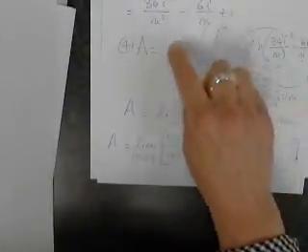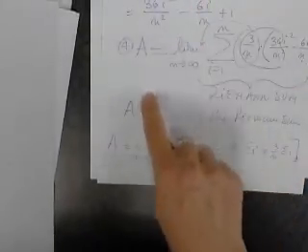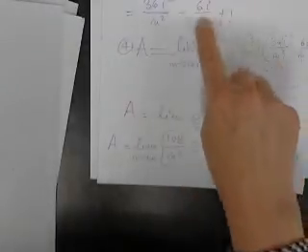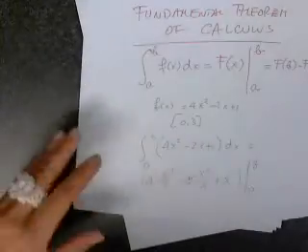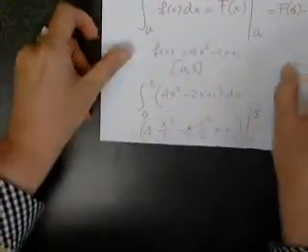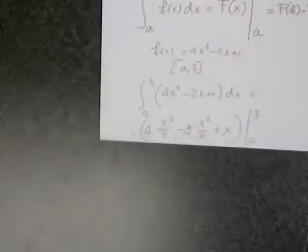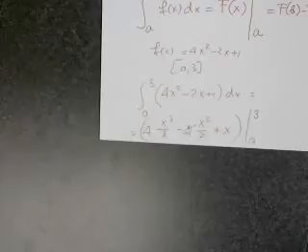Can we go back to the one we just did? So right here. So this is the integral symbol. Can you go to the one we just did? Yes. Alright, yeah. I think it's the f of b minus f of a.